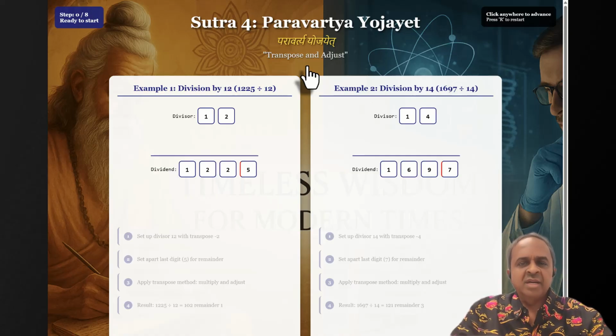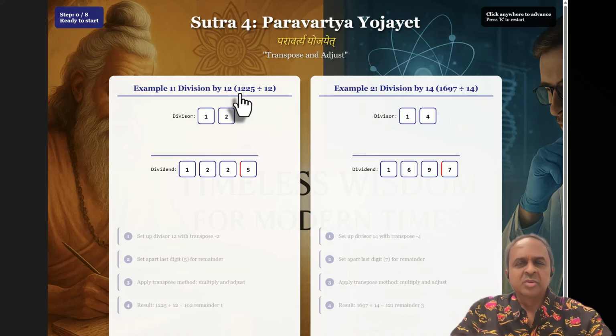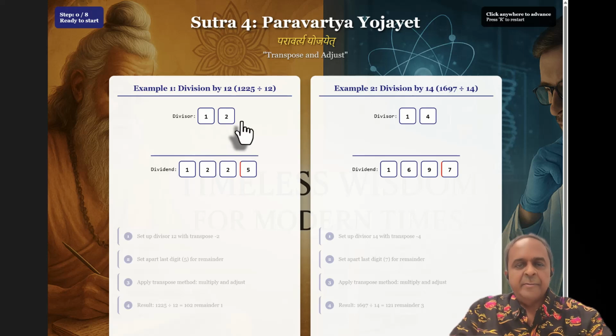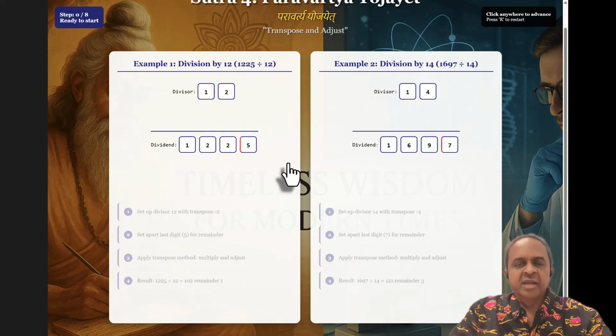So let's look at a couple of examples. The first example we'll look at is division by 12. So we'll take the number 1,225 divided by 12. We'll write the divisor here, and the dividend, 1225, here, right?